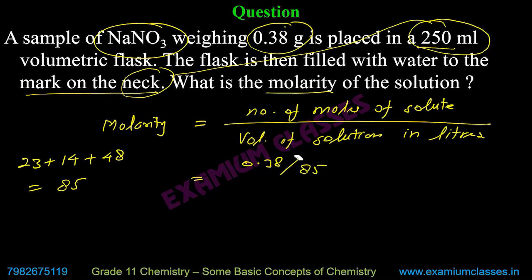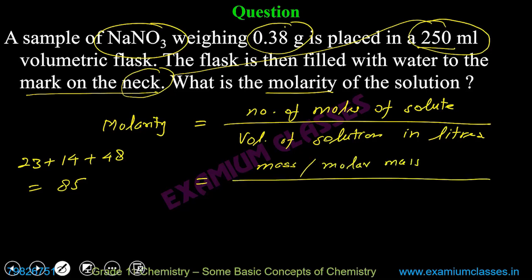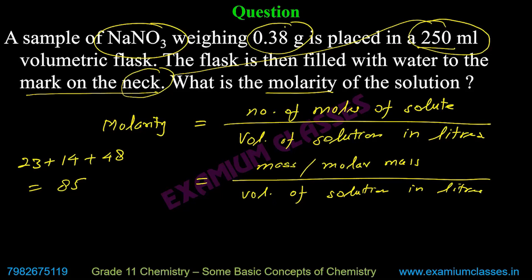Here also you will not write just the values. Remember, in 11th it might work, in 12th it will not work if you just substitute the values without writing the formula. So from a board perspective, you will write mass divided by molar mass, and then volume of solution in liters.